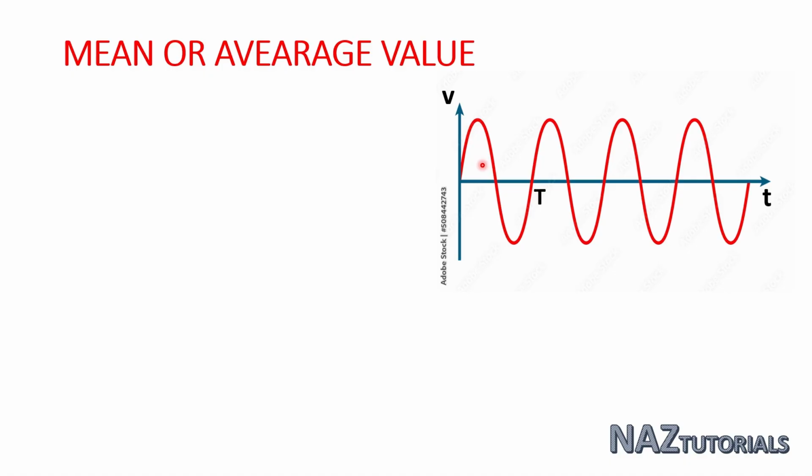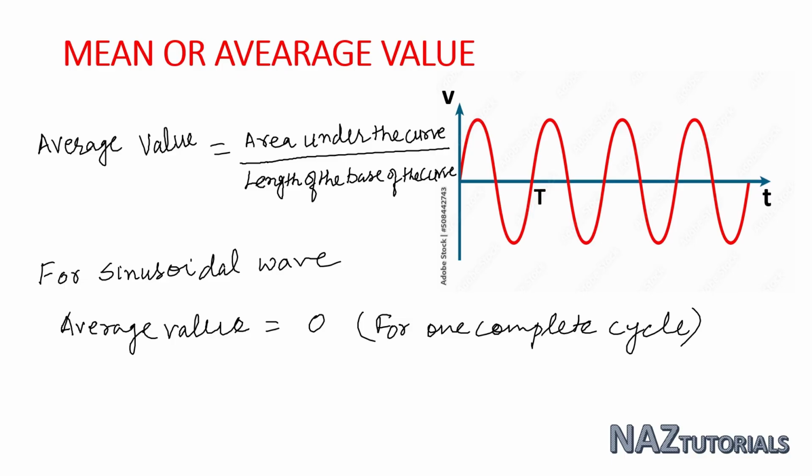So if you add up the areas of the first half and second half, it will be 0. So for the complete one cycle, its average value will be 0. So for the calculation of average value, we analyze the half cycle of the alternating waveform, for such types of waveform.